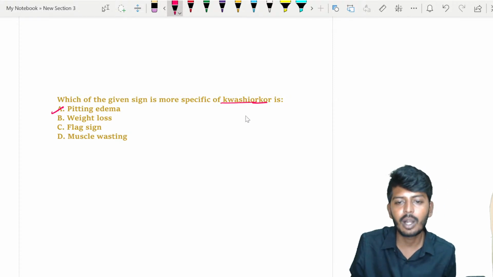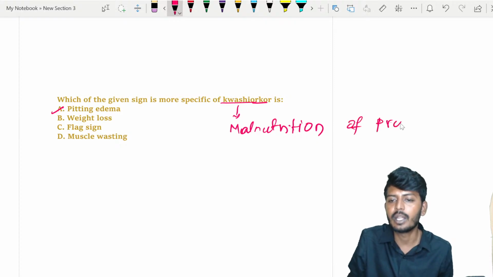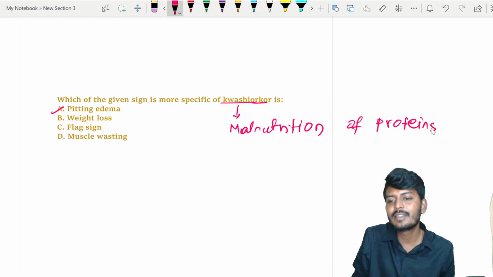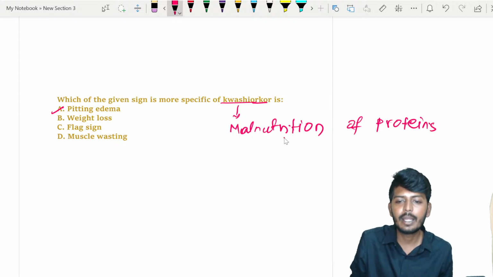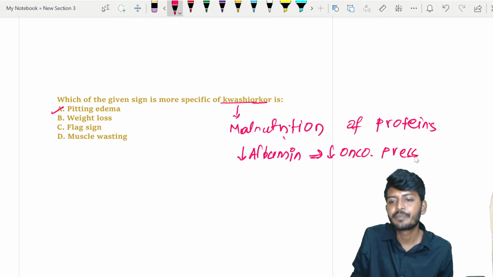So Kwashiorkor is what type of disease? It is a type of malnutrition of proteins. If proteins are less in the body, most importantly there is a decrease of albumin. If there is a decrease of albumin, it will decrease the oncotic pressure of the blood.